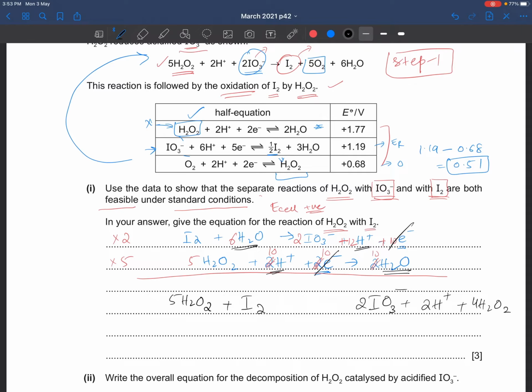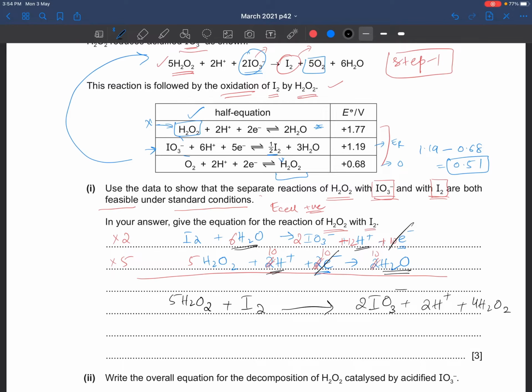So 5H2O2 reacts with I2 to give 2IO3 minus plus 2H plus plus 4H2O2, right?